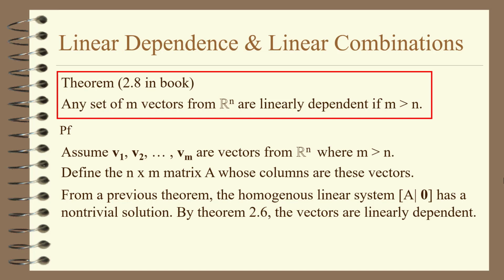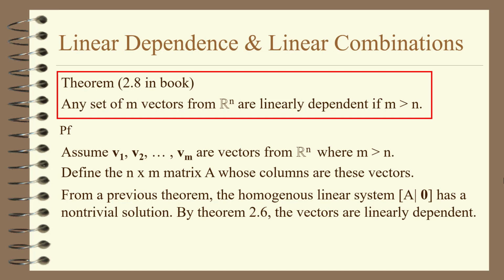The number of columns in A is more than the number of rows in A. So there has to be a free variable, and so there are an infinite number of solutions to that system, and so there is at least one non-trivial solution. So by Theorem 2.6, since there's a non-trivial solution, the vectors that make up the columns of that matrix are instantly linearly dependent. Neat, right?